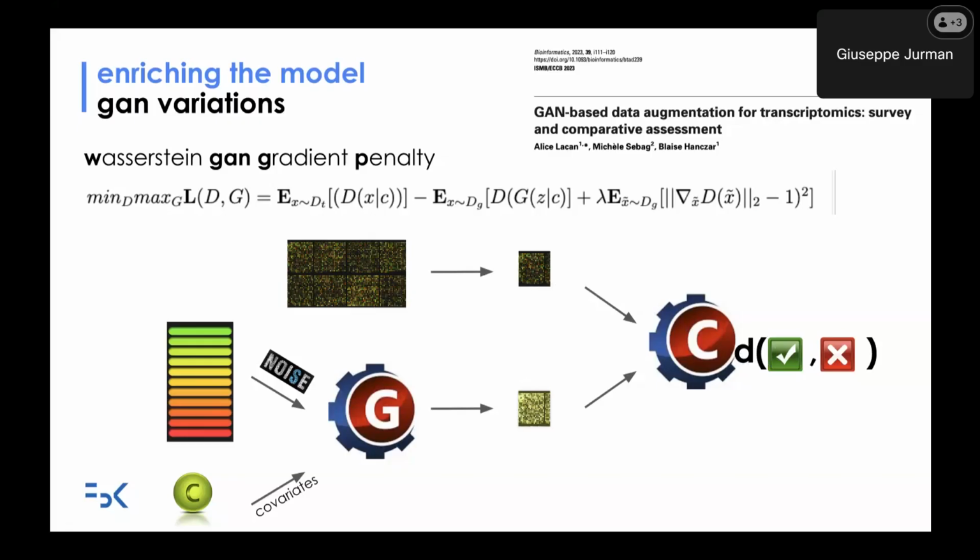All these three GANs have been published in the literature and used for constructing synthetic data, and this last GAN variation has been proven to be probably the most efficient and the most helpful in constructing these structures.